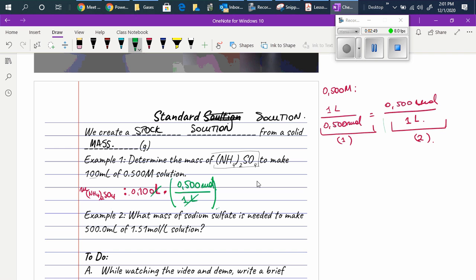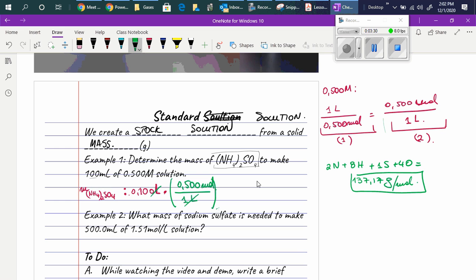So what do we have to do in order to find the grams? Because what is the mass? When we say mass is grams, then we have to find the molar mass. The molar mass of ammonium sulfate, having two nitrogen, 8 hydrogen, 1 sulfur and 4 oxygen, using the calculator or the data booklet that you have, will be 137.17 grams per mole.